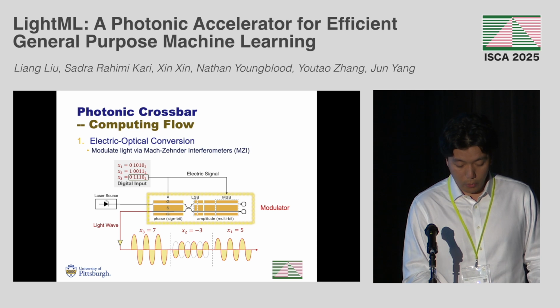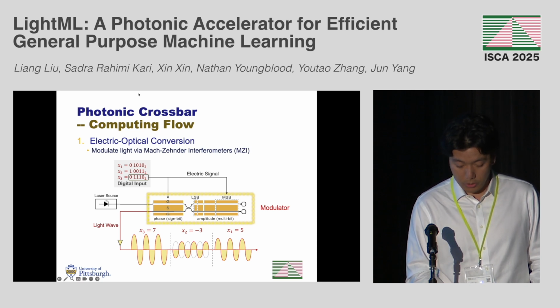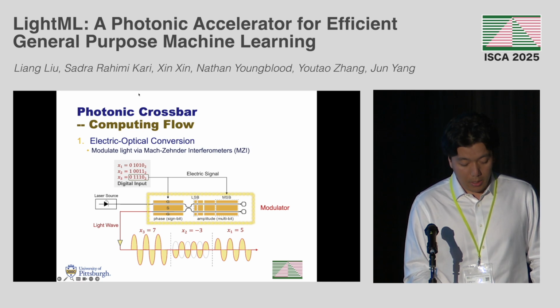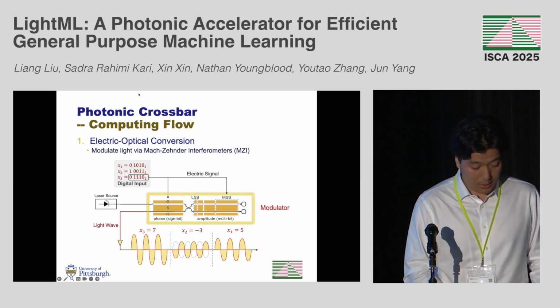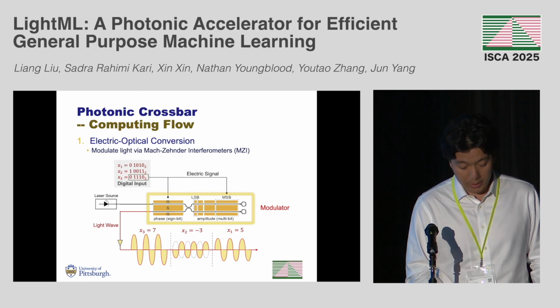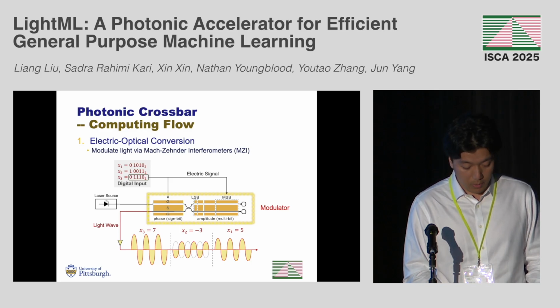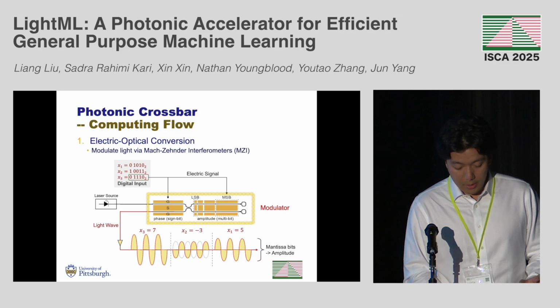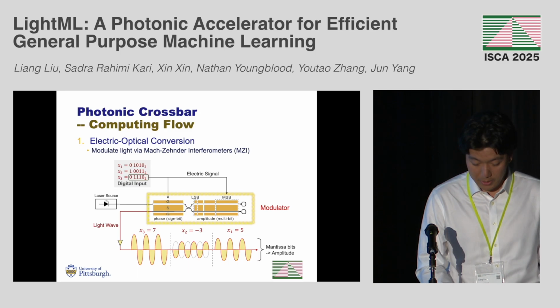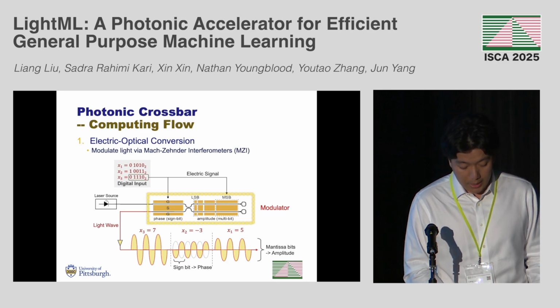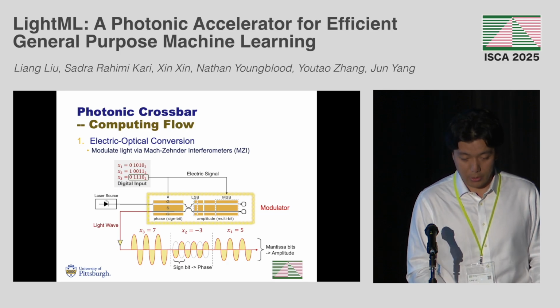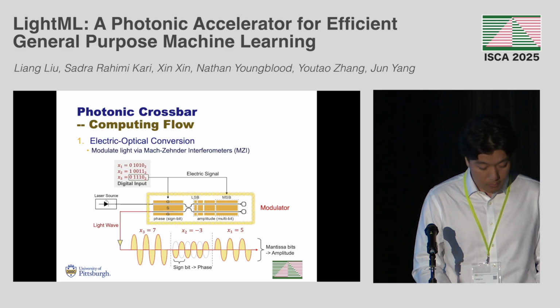The modulator reads a 5-bit digital input from the register, including 1 sign bit and 4 mantissa bits, and encodes the input vector, like x1, x2, x3, into a sequence of light pulses. The amplitude of the light has 16 different scales, which can represent the 4 mantissa bits. And the sign bit is represented as the relative phase of the light.